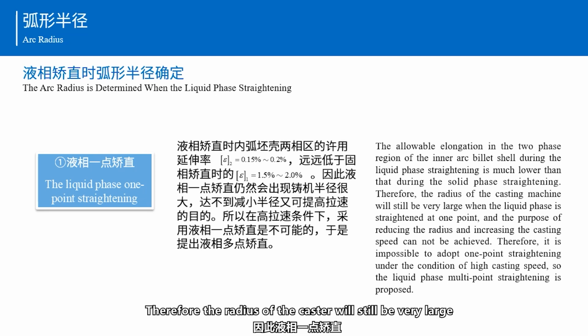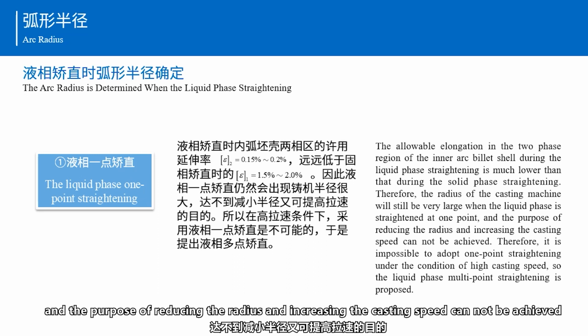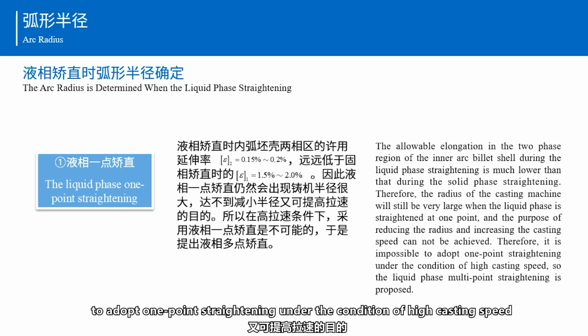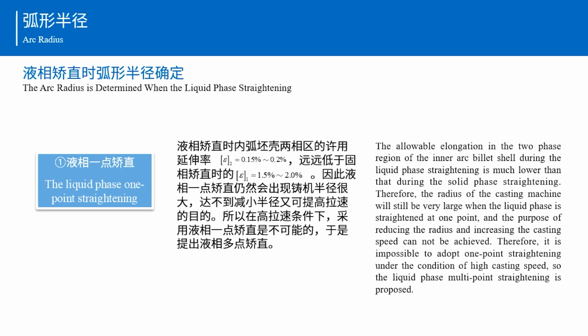Therefore, the radius of the caster will still be very large when liquid phase straightening is done at one point, and the purpose of reducing the radius and increasing casting speed cannot be achieved. Therefore, one-point straightening is impossible under the condition of high casting speed.